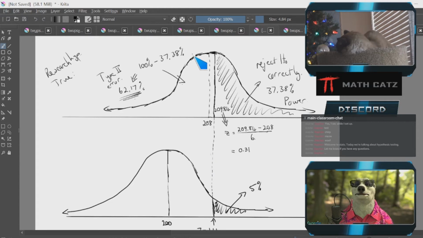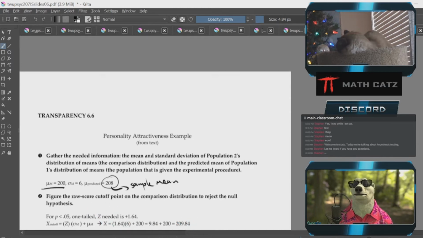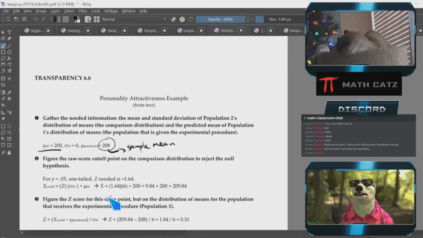So let's go through the steps here and see what we did. We got the raw score cutoff point, 209.84. Then we said, let's move that up on the distribution of means for the population that receives this new treatment, or where the change or something has happened, population 1.